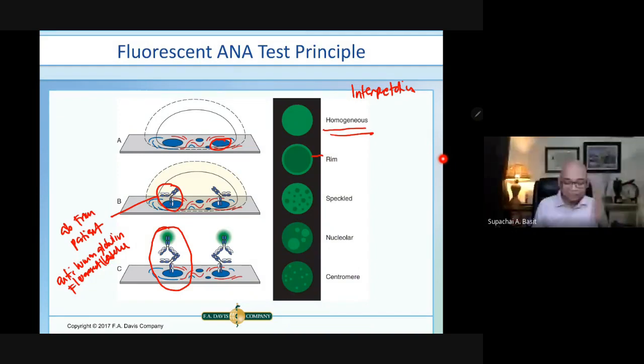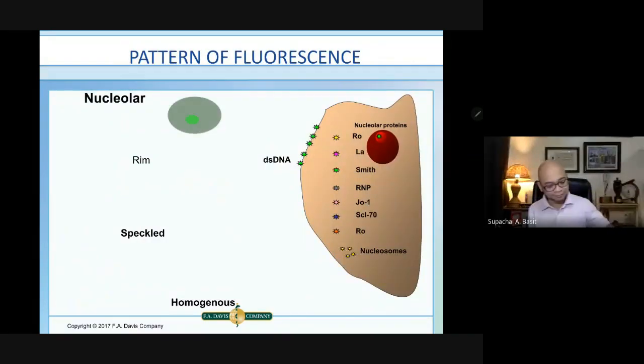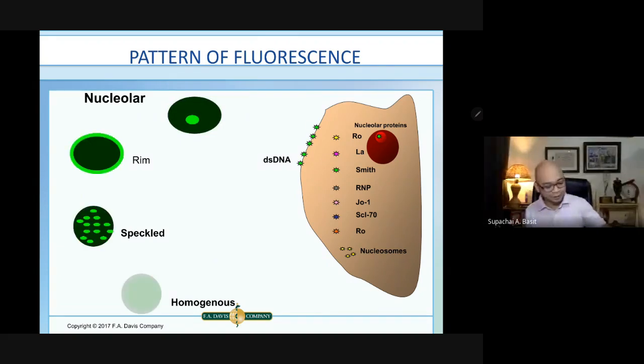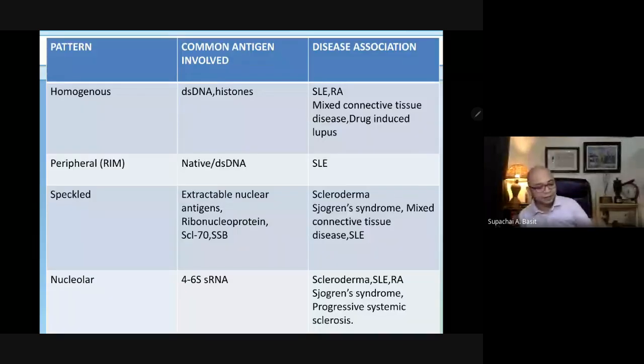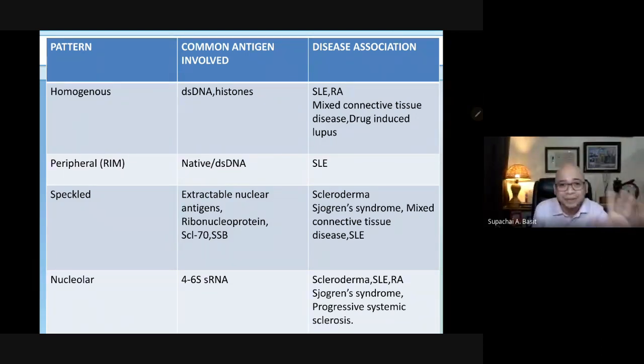So these are the 5 interpretations in anti-nuclear antibodies: homogeneous, rim, speckled, nucleolar, and centromere. Why is it important? Because by looking at the pattern, you can determine what antigen is present and what diseases could be associated with it.